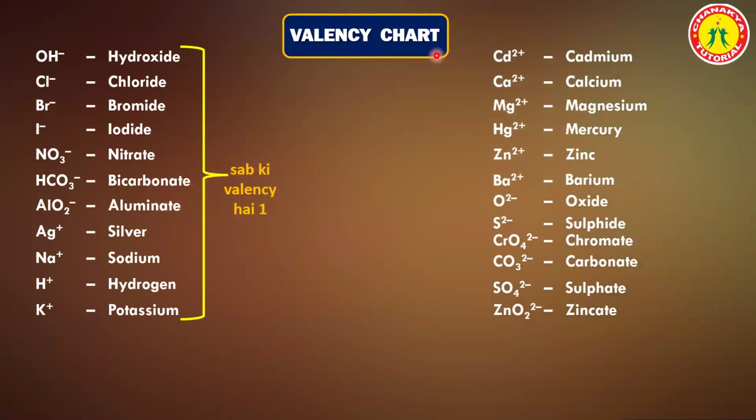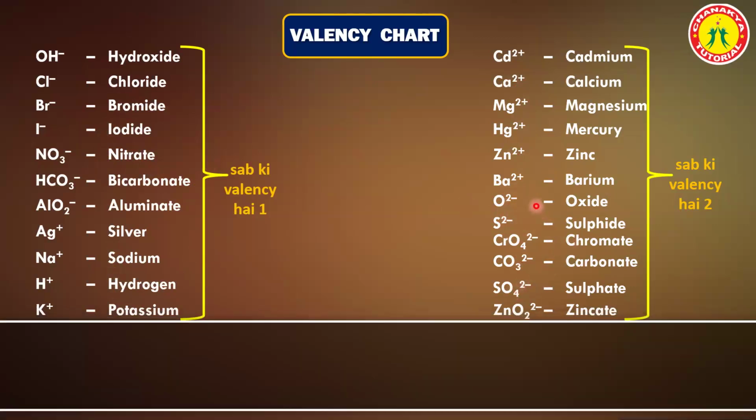Similarly, there are examples where valency is 2. For example, chloride, bromide, iodide, hydrogen and potassium have valency 1, while zinc, magnesium, calcium, oxygen and sulfate all have valency 2.